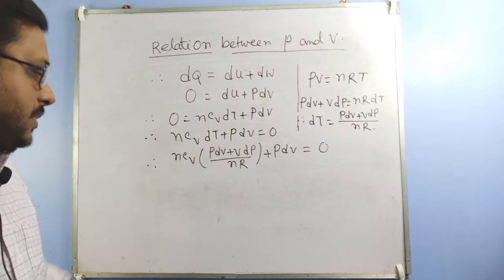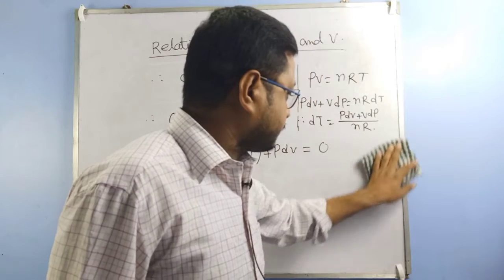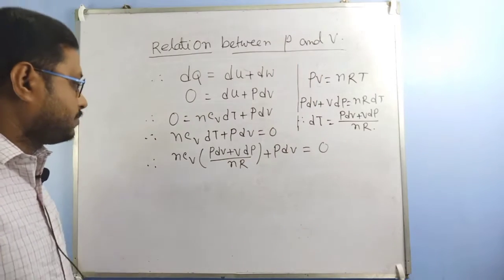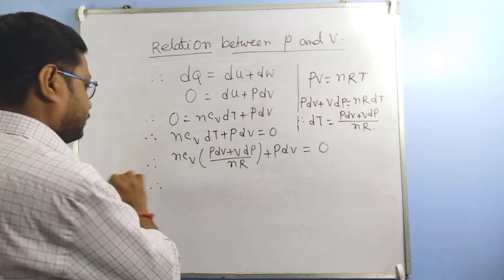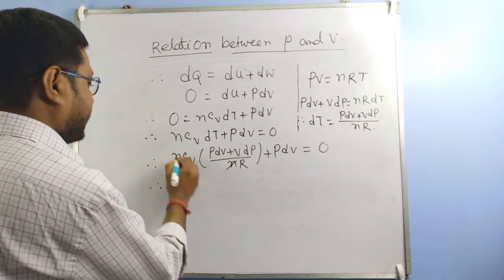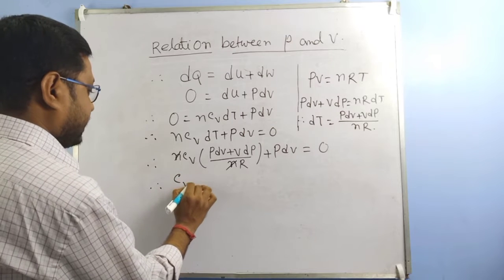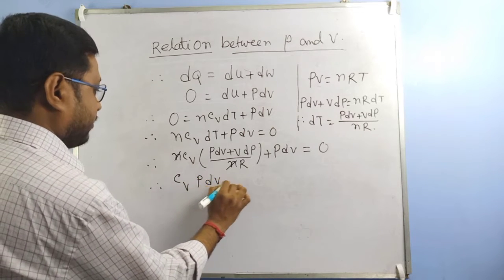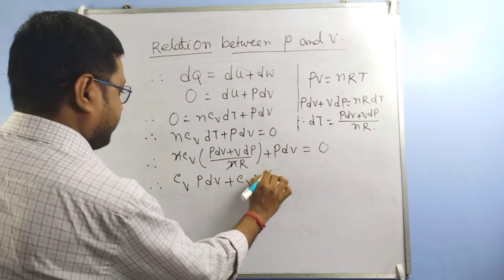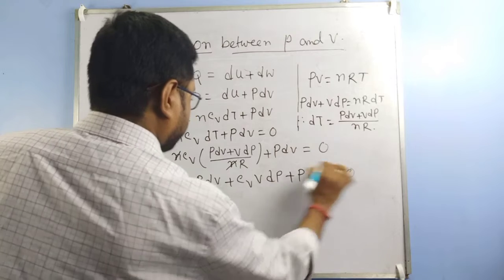Now n will cancel out. Therefore, Cv P dV plus Cv V dP plus P dV is equal to 0.